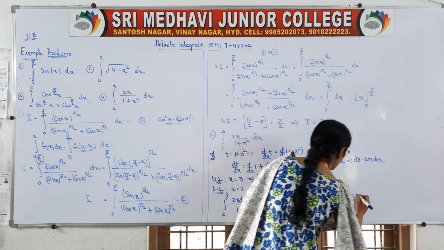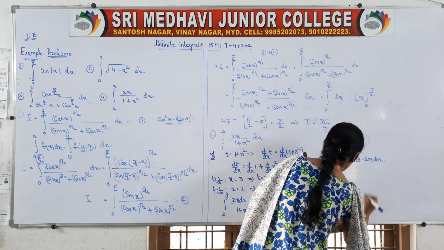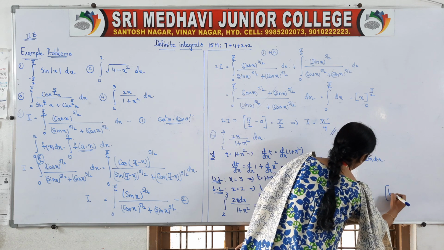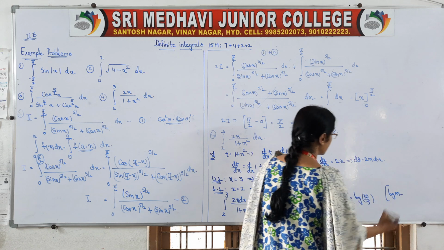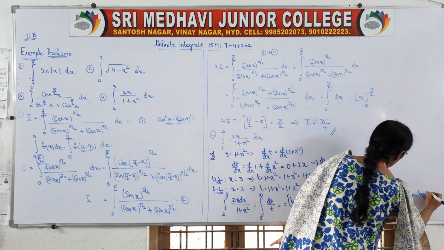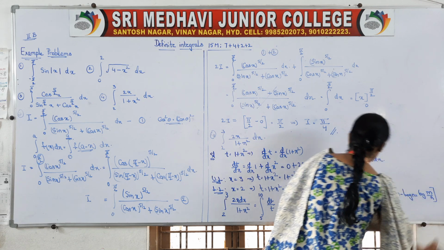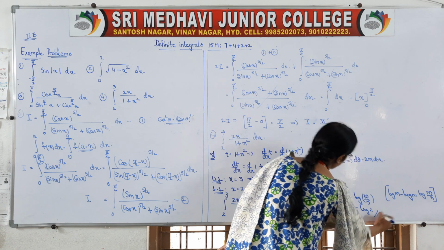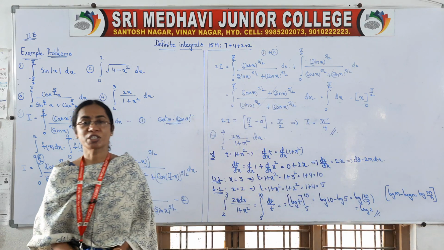So come on, log m minus log n. Log m minus log n is equal to log of m by n is the formula. So it is log 2, which is the answer to this question.